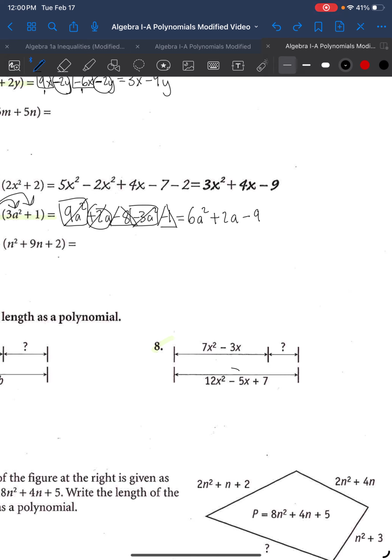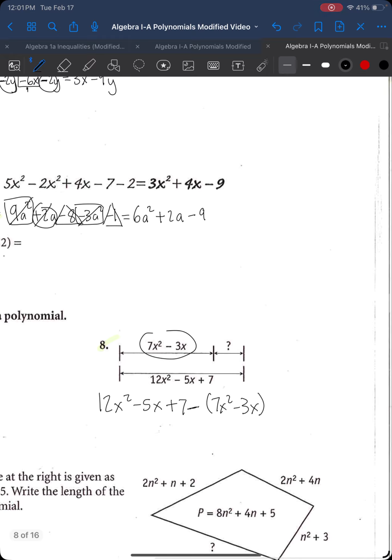So I'm going to start with the total distance, the longest segment, and that's 12x squared minus 5x plus 7 minus this whole quantity, which is 7x squared minus 3x. And I'm trying to figure out what that equals.